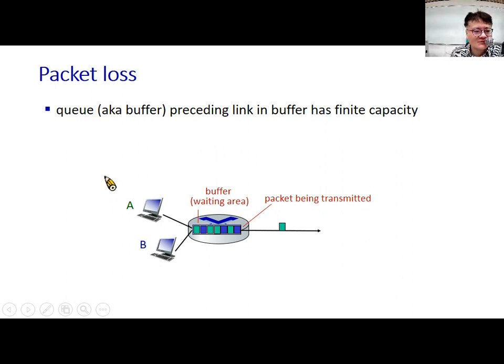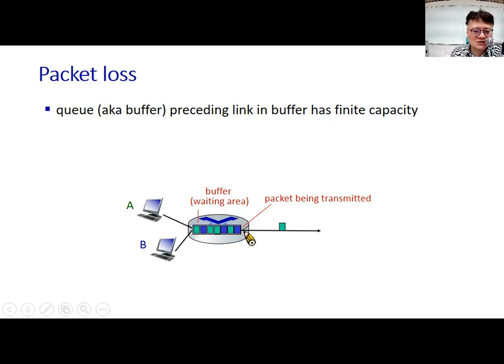And we can also check packet loss. The buffer preceding a link in a router has finite capacity. Each router's buffer is finite. So between computer A and computer B, we need a waiting area, the buffer.